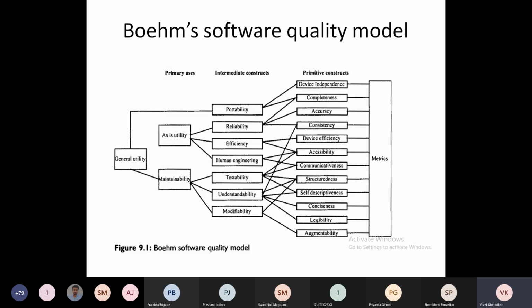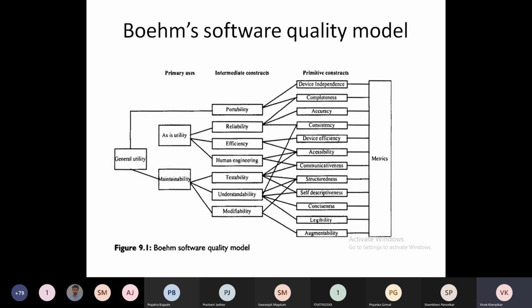In the Boehm model, they first find the primary uses. What is the use of this Boehm model? It is used for maintainability or portability. Then maintainability is again measured through the intermediate constructs. So these are the key components on which your primary uses depend.